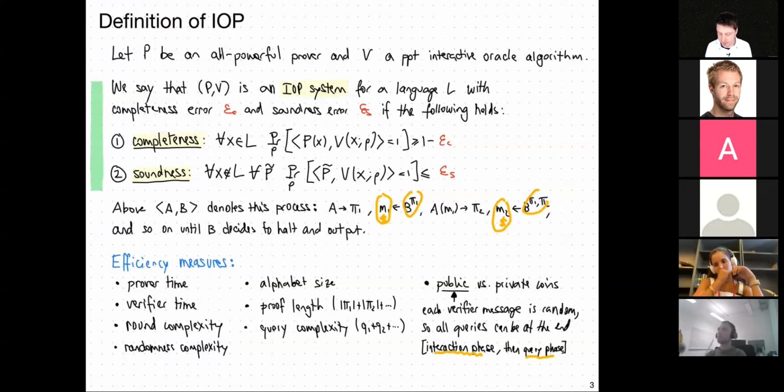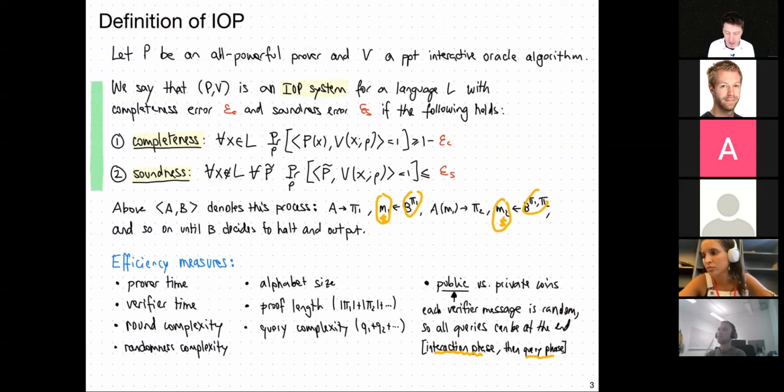I have a question. So if you sample randomness at every round, it might be the case that unintentionally you are making the randomness dependent on the oracles. So if it's really a public coin, then the verifier really should be sampling all its randomness in the beginning. No, because randomness is randomness, right?